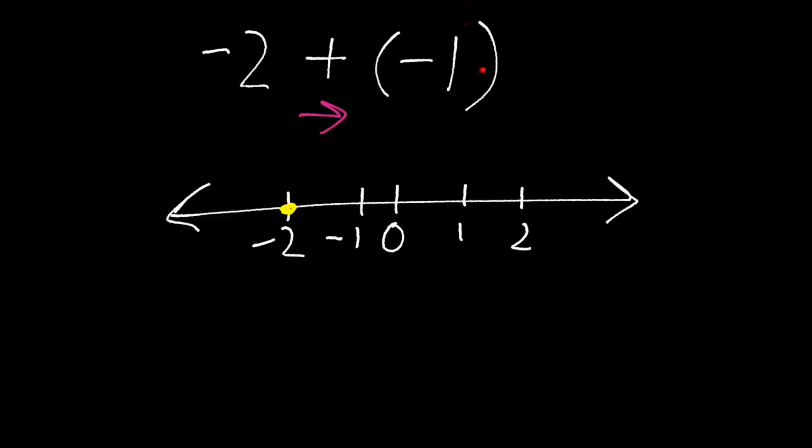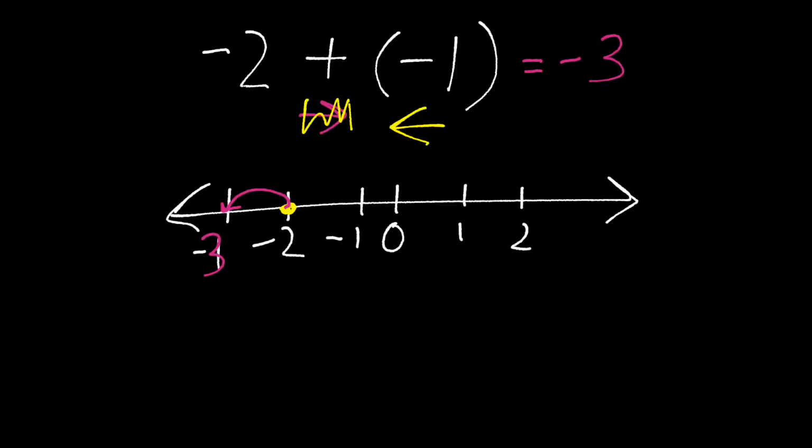We have a negative over here. And since this is a negative, it actually causes this sign to flip. So it's actually going to make us go to the left instead. So negative 2 plus negative 1, we're going to have to move 1 jump to the left. Sorry, that should be a 3. And our answer will be negative 3.